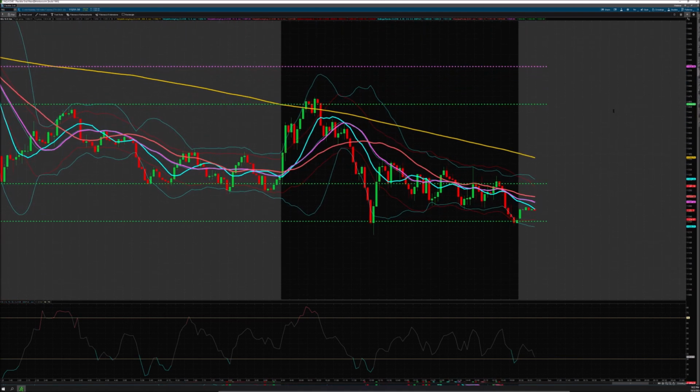So the Woodie pivots, if anybody's interested in finding a pivot study, this is one that I recommend. Base it on that. That's basically your supports and resistance, your target 1, your target 2.